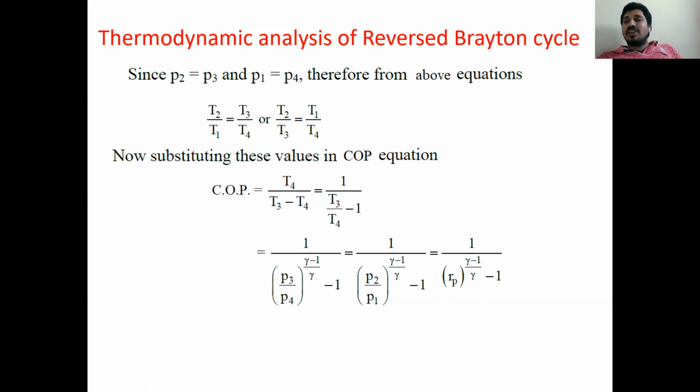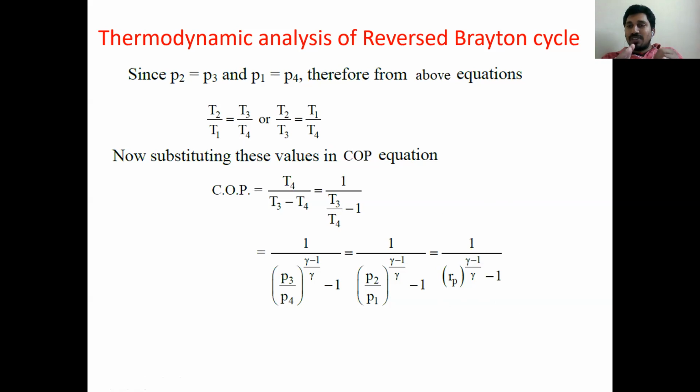Next class we'll discuss a problem on the reversed Brayton cycle. Please be careful, this is very important from the examination point of view. If you have a question on the air refrigeration system or reversed Brayton cycle, first you have to write what the reversed Brayton cycle is, what the working is, and what processes are involved, with neat PV and TS diagrams.